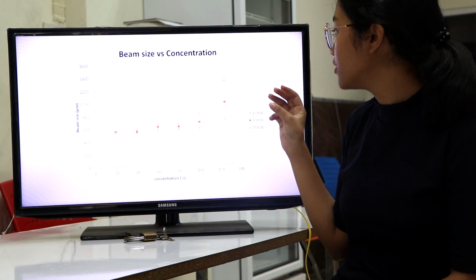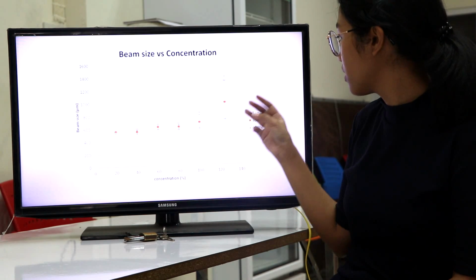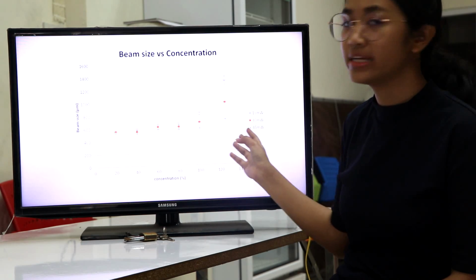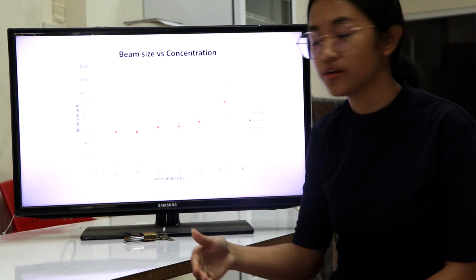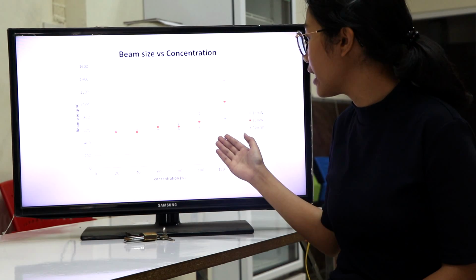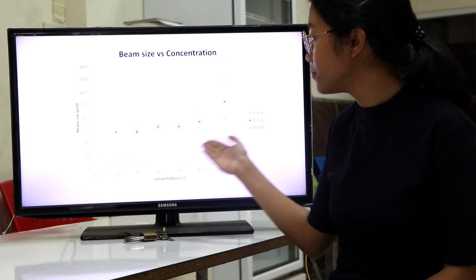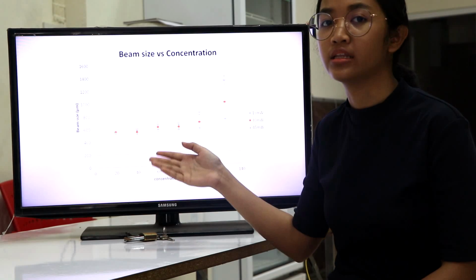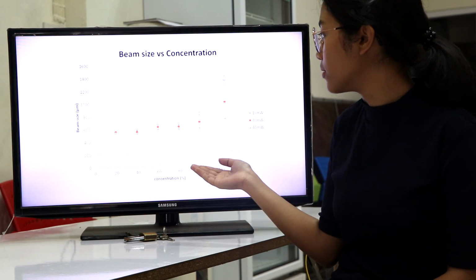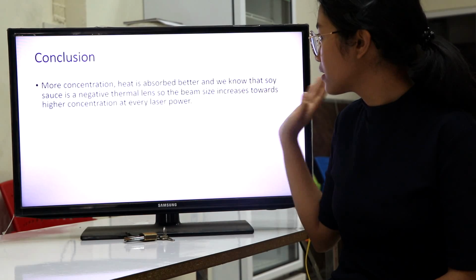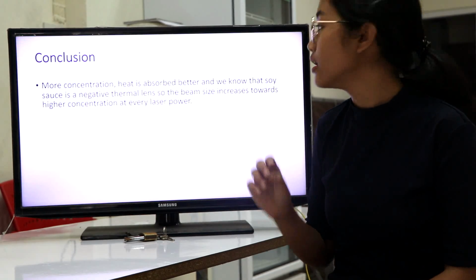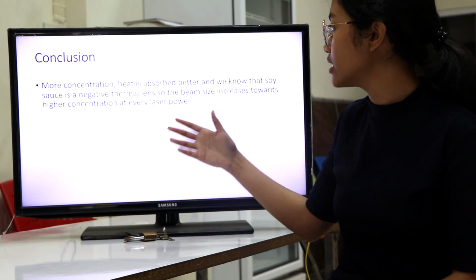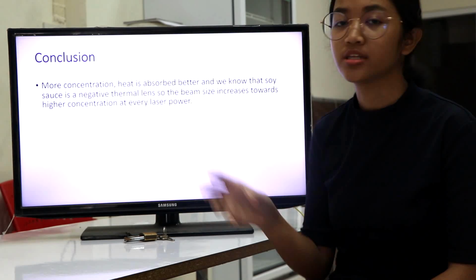And I did the experiment at 3 laser powers to ensure my result, and it shows that they have the same trend at every laser power, and this is the conclusion. It's because at higher concentration, heat is absorbed better.